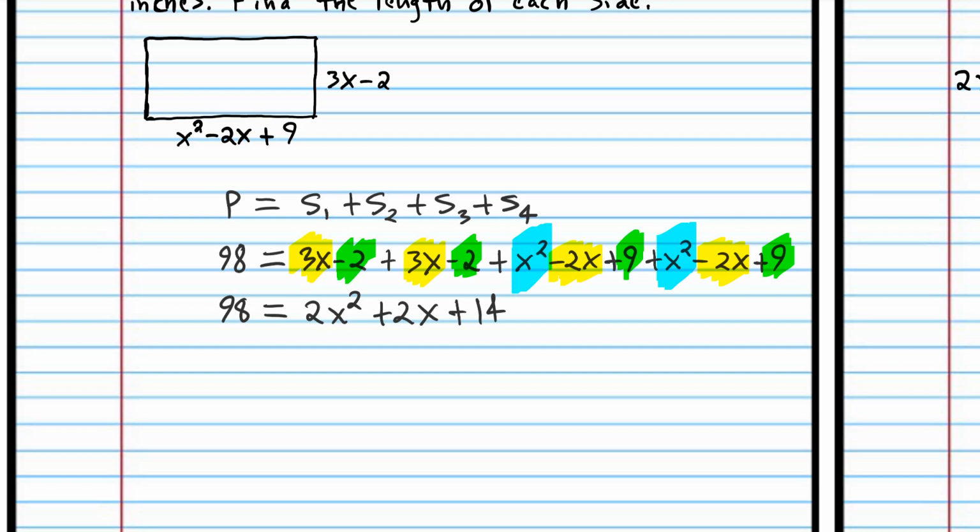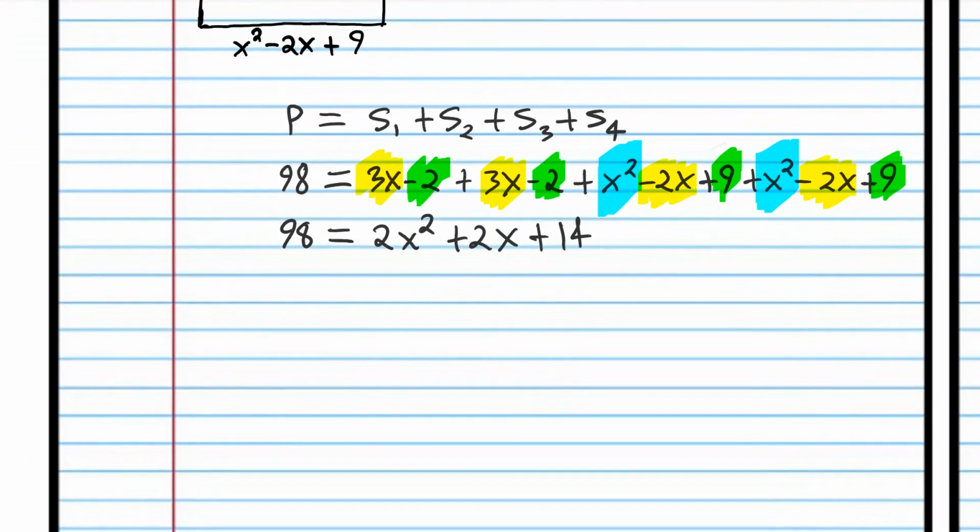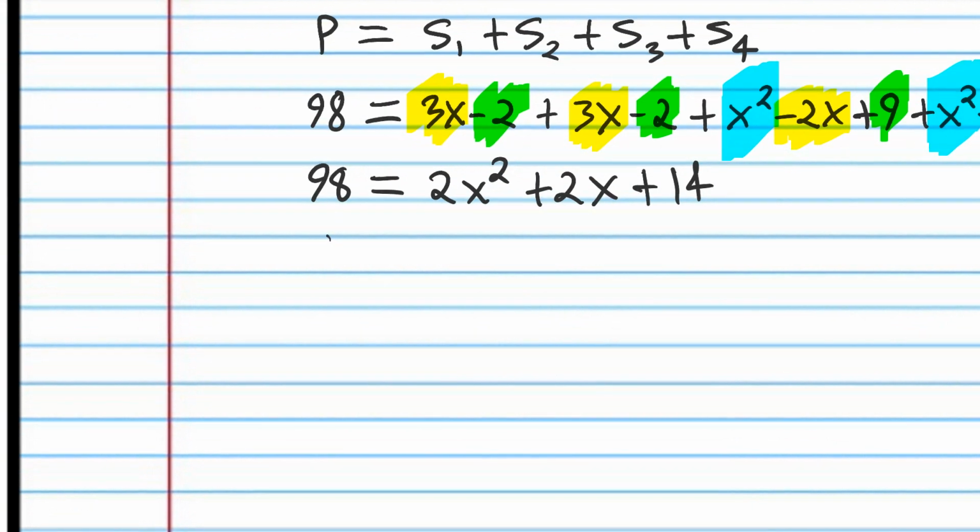The problem is it's still not in standard form. We're making progress to put it in standard form, but we still have to do some more work here to put it in standard form. Remember, when you have a quadratic equation, this side has to be 0. So we're going to have to subtract 98 from both sides.